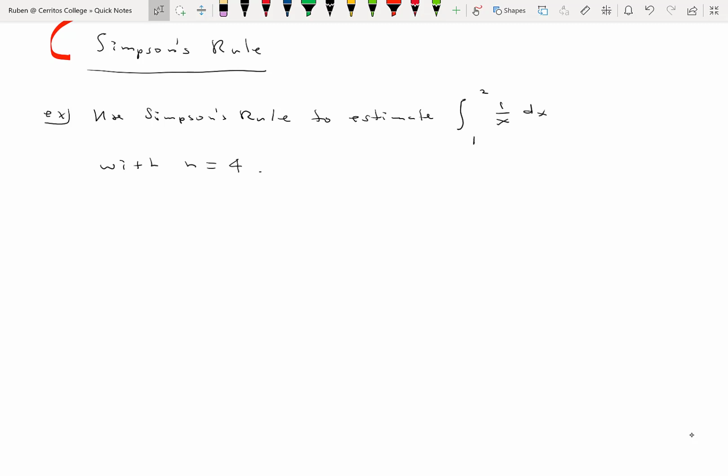So with n equals 4 now, we have a change in our quantities. Delta x is no longer 2 minus 1 over 5. It's 2 minus 1 over 4. So our delta x is 1/4, or 0.25. Along the x-axis, x sub 0 equals 1.